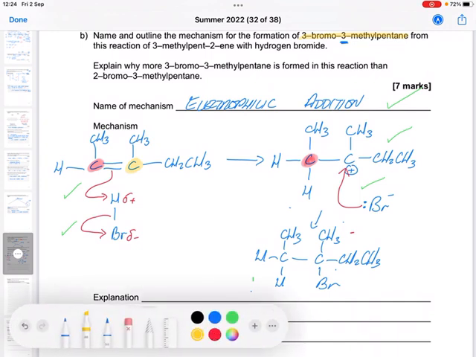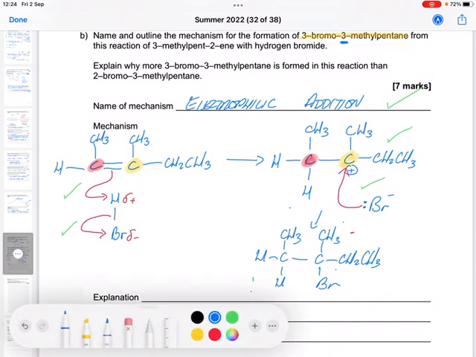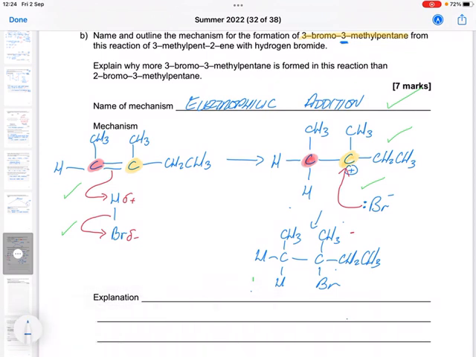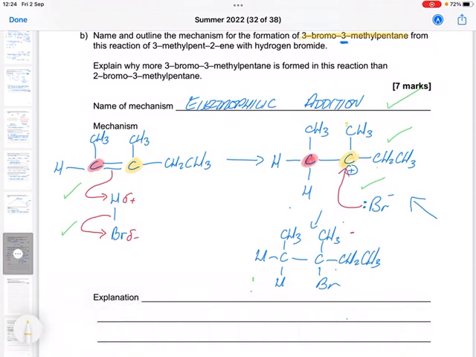So because it's in the yellow position, if we just concentrate on that yellow carbon that I've drawn here, I'm counting the number of carbons that it is attached to, 1, 2, 3. So this is the tertiary carbocation.